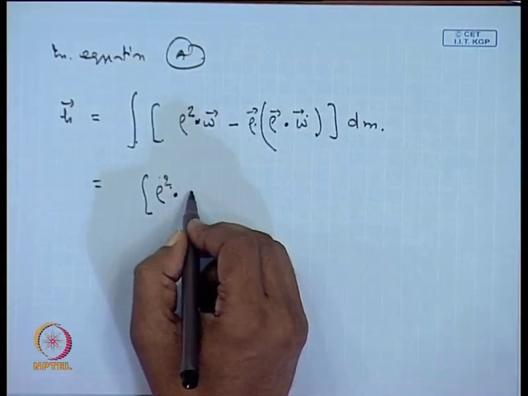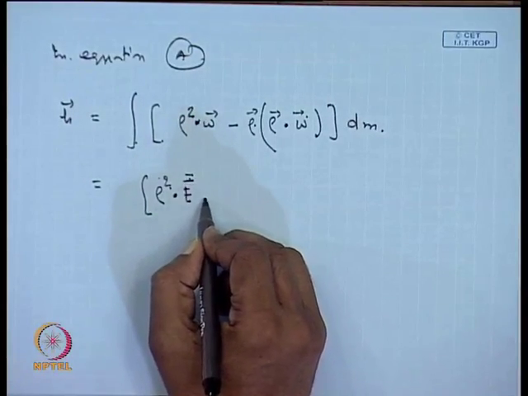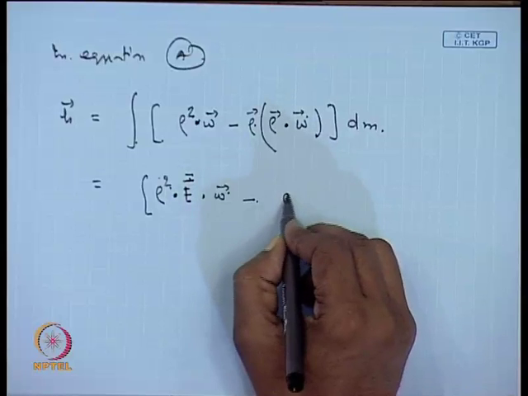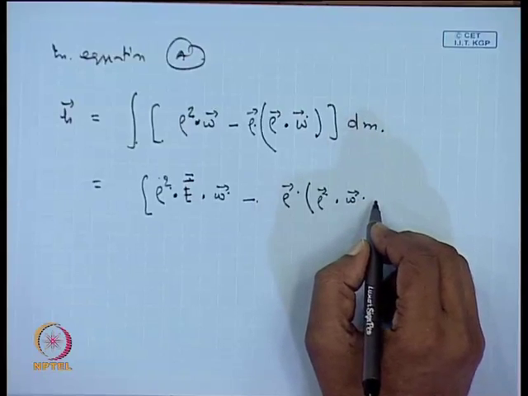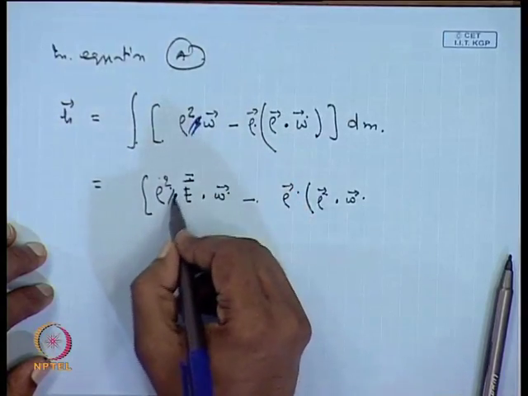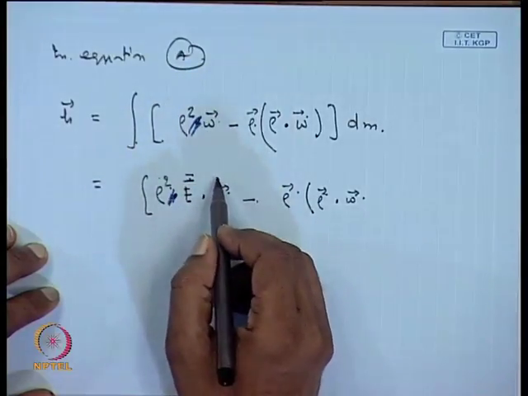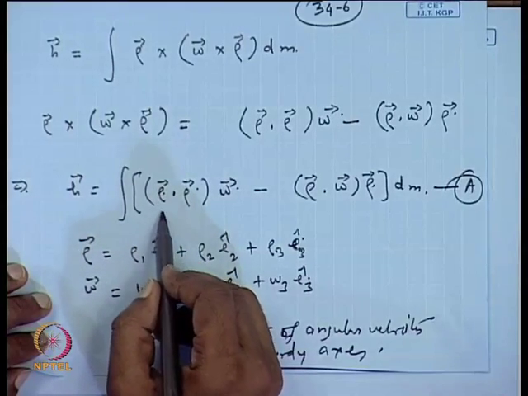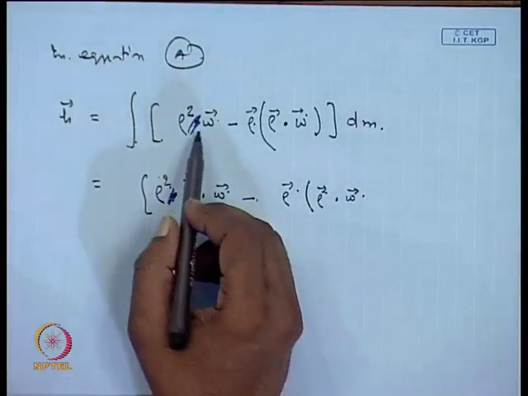So, writing this as we have written, E double bar dot omega. Sorry, this is not a dot product here, simply a multiplication in this place. So, rho square omega, because we are taking it from this place. These two vectors multiplied together become rho square and there is no dot product. This was just a point I indicated, so I have removed it now.